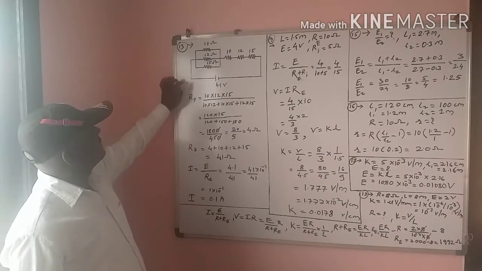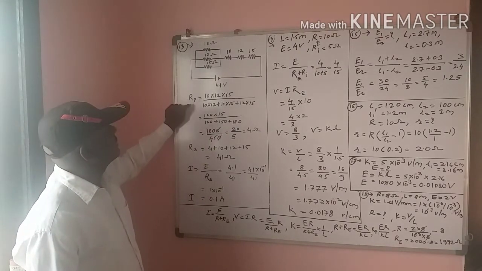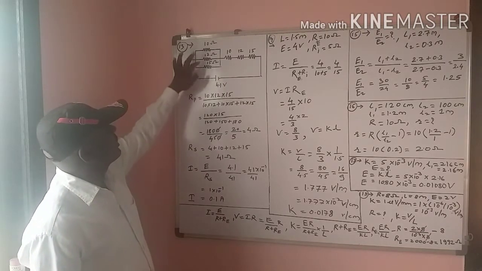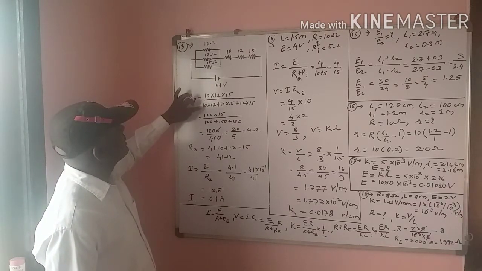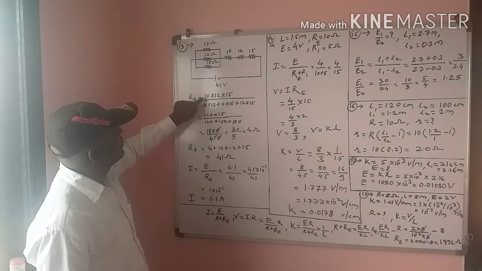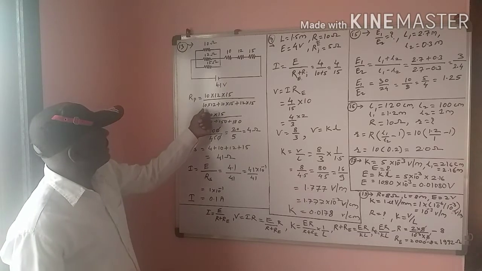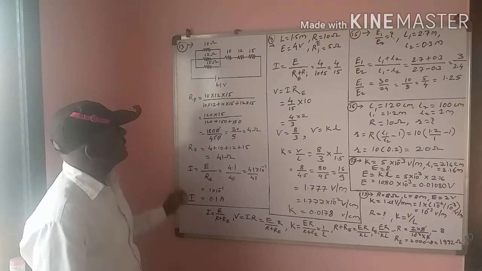When these three resistors are connected in parallel, the parallel resistance is given by the product of the three resistances in the numerator, and in the denominator the sum of the products of two resistors. So we multiply here 10 multiplied by 12 multiplied by 15, divided by 12 multiplied by 12 plus 10 multiplied by 15 plus 12 multiplied by 15.